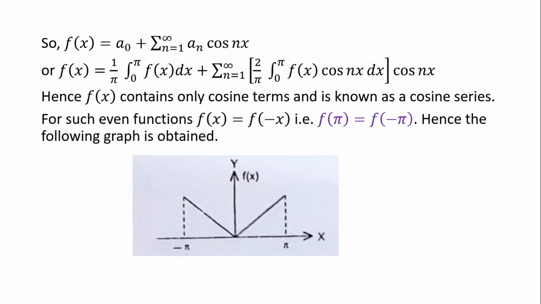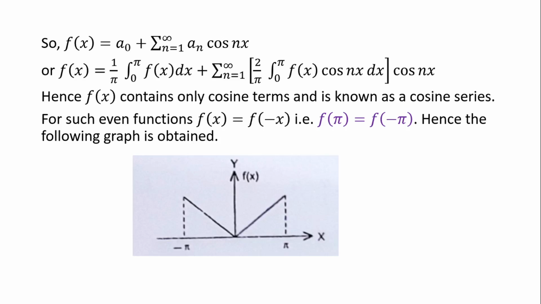Let us evaluate the next coefficient an. So an is 1 by pi, integral from minus pi to pi of f(x) cos nx dx. So this is the evaluated value of the Fourier coefficient an. Here we will divide the interval minus pi to pi into two intervals, minus pi to 0 and 0 to pi.